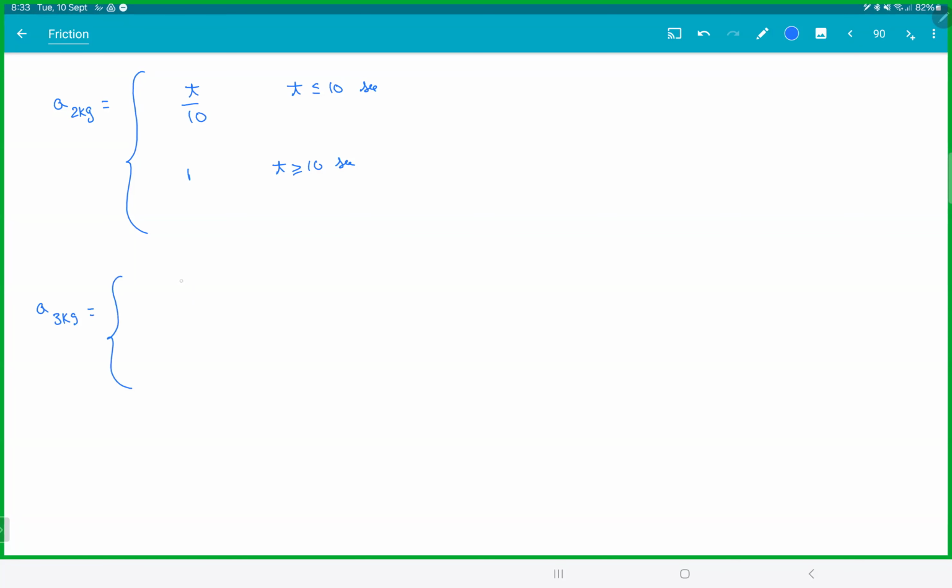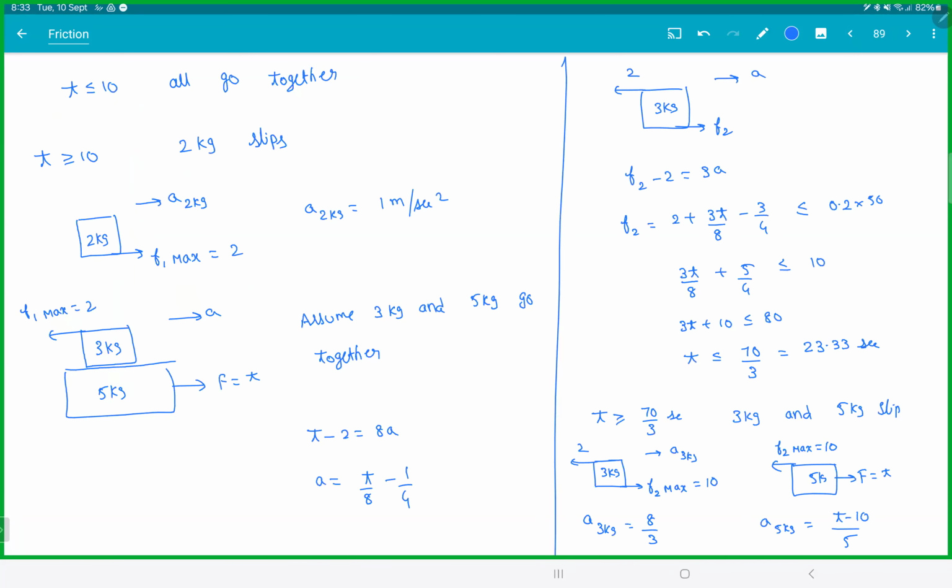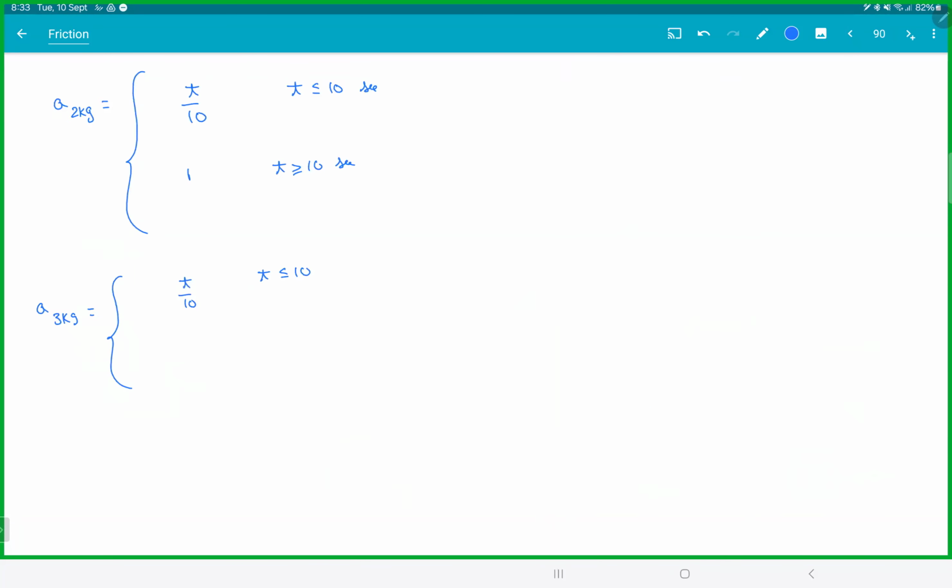Acceleration of 3 kg will be T by 10 for T less than 10. And then they will go together with T by 8 minus 1 by 4. This is between 70 by 3 and 10. Equalities are there because there is no mu k. And then this block became constant at 8 by 3.